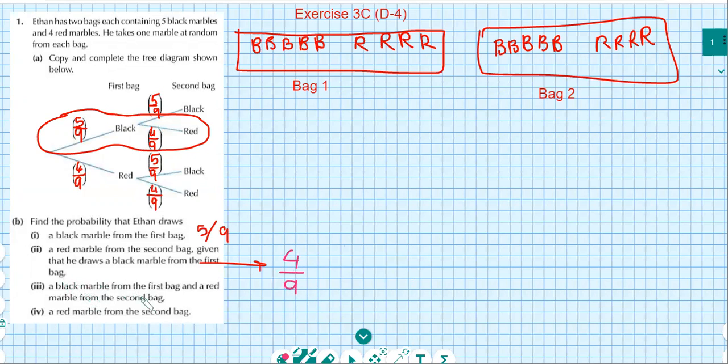The third part, a black marble from the first, this one black, and a red marble from the second. So their probabilities will be multiplied with each other. So 5/9 multiplied by 4/9 gives you 20/81. Fourth part, a red marble from the second bag.